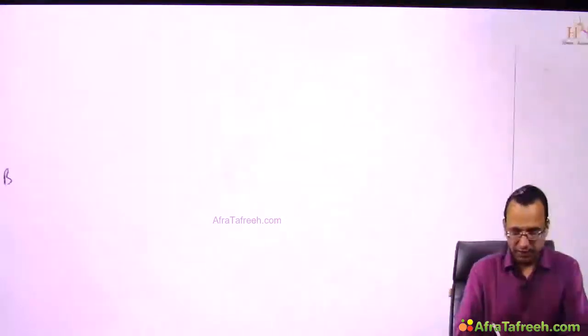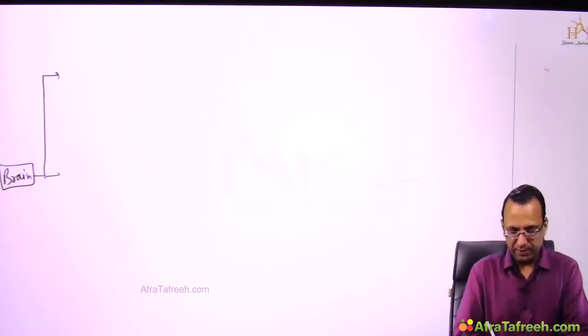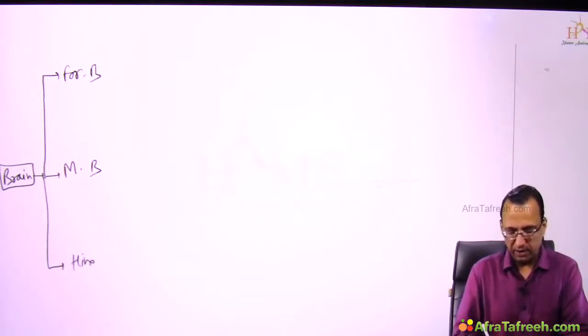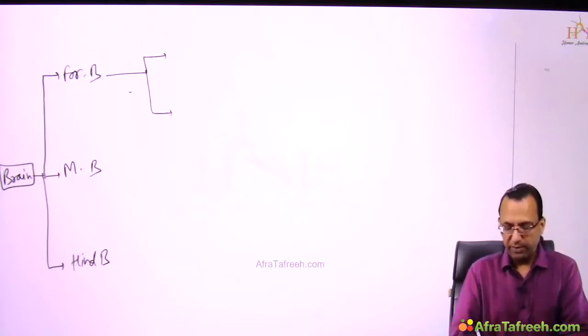See, in the beginning there is one brain vesicle, and then I have three brain vesicles, which are forebrain and midbrain, and then you have the hindbrain. Forebrain itself will divide into two. What is that? There will be the telencephalon, then there is the diencephalon. And what is the midbrain forming?